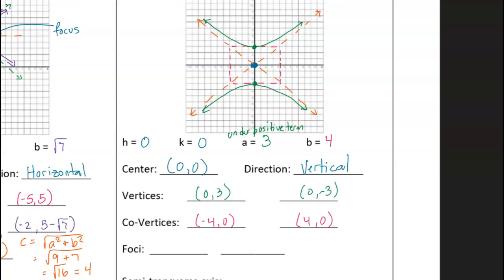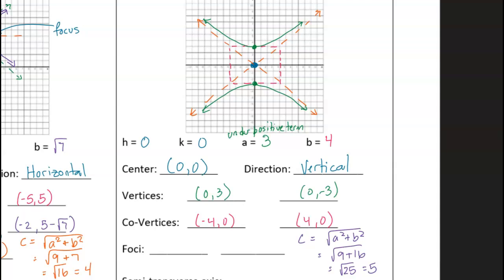And remember, to find your foci, you have to know what your C value is. So here, C is the square root of A squared plus B squared. Our A is 3, so 3 squared is 9. Our B is 4, 4 squared is 16. 9 plus 16 is 25. So our C value is 5.